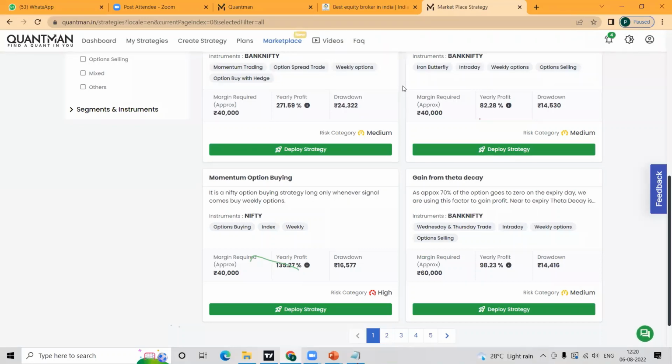Sir, to make myself clear, once I place a trade in the morning and activate the algo, I can switch off my computer and go out for my work, right? Yes, sir. And till 3:30, the server from your side will take care of the buying and selling.